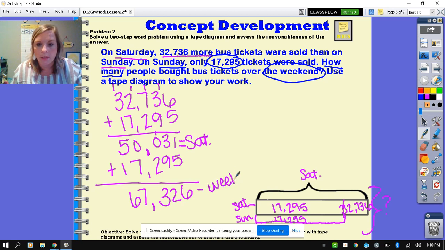Before we write out our statement, we're going to check reasonableness, just to make sure that our answer is close. So what we're going to do is round to the nearest 10,000.